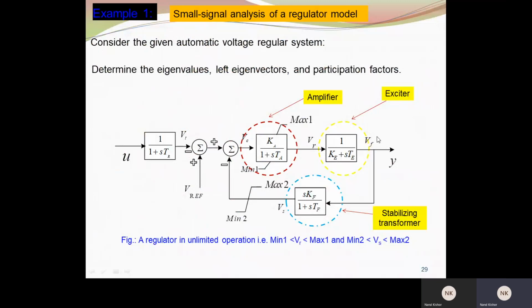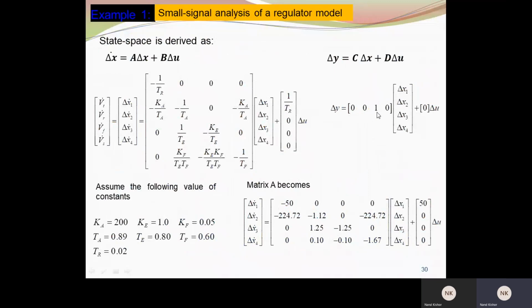So it is the VF signal, which is the output signal from the block. With this, we have the unit value in the C matrix as a row vector, and the D matrix is zero here. So we consider some constant values of the parameters of the system, and we obtain the complete A matrix here.